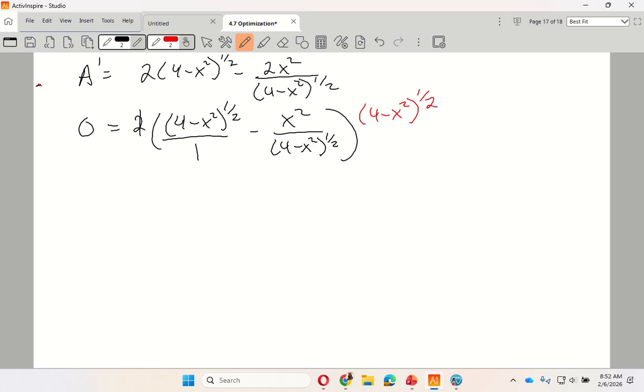And by distributing it, that's going to give me still 0 equals 4 minus x squared minus x squared.